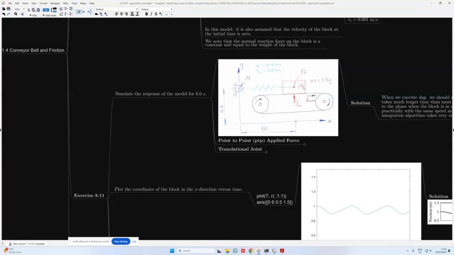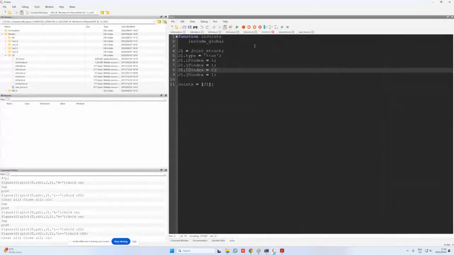And then in this case, since my xi coordinate axis is aligned with the x coordinate axis, it's also just going to be 1, 0 for its unit vector definition. I specify all of this. Then under in U vectors, I go back to the in joints file and I specify the IU index and the JU index accordingly, making sure that the I and J components lie on the same body.